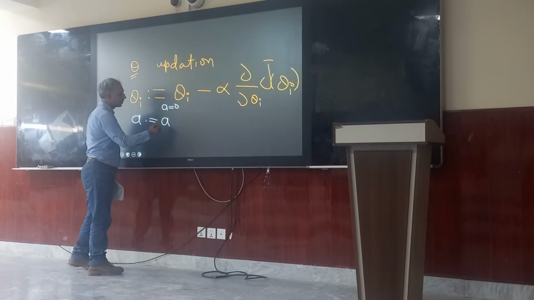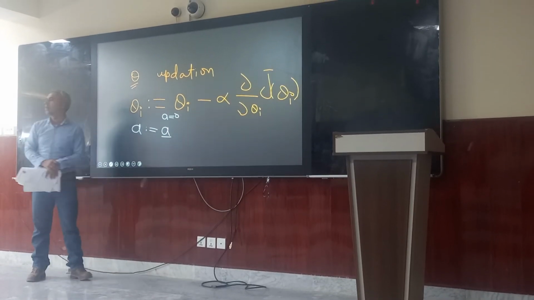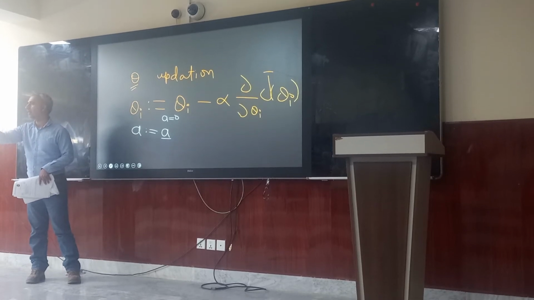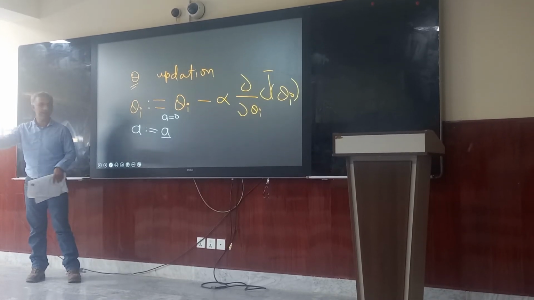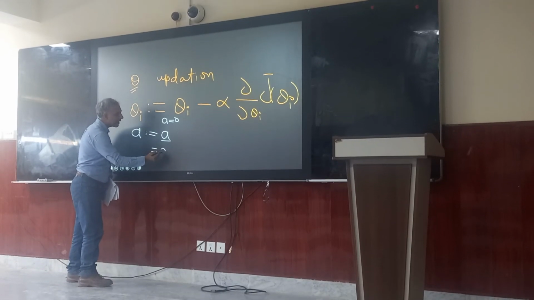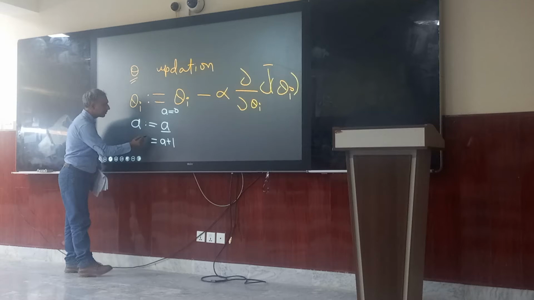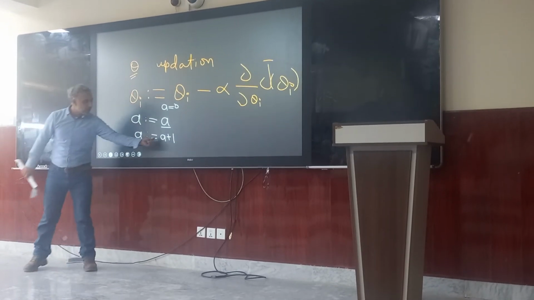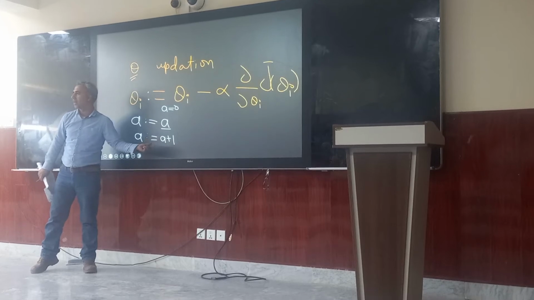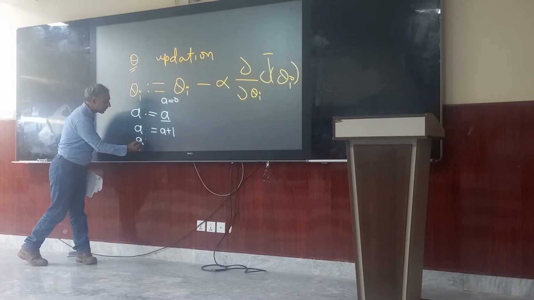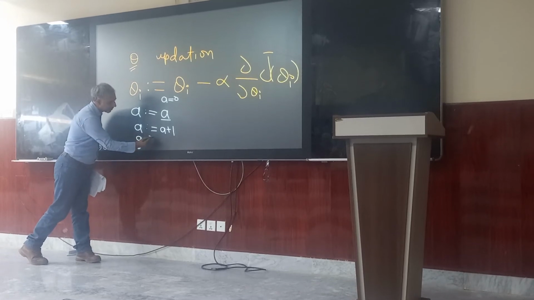But once you sell one bucket of stone marbles, it will update and become A plus 1. Now this 0 becomes 1. Then again you sell, so iteration: this is stored here, A plus 2.